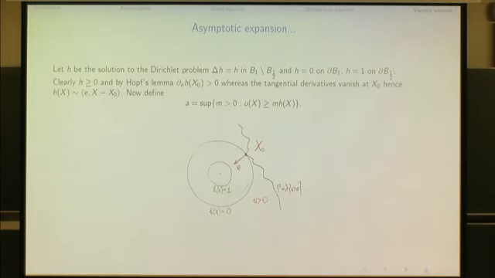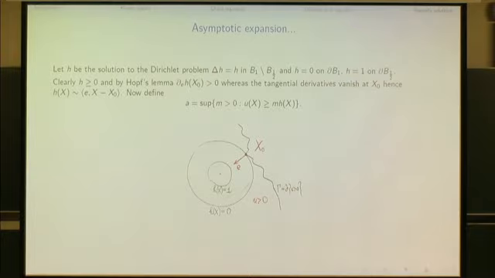Okay? And the proof, again, is a standard proof. You use the capacitory potential. So you take a function which is 1 on the boundary of the half ball, and 0 on the boundary of the bigger ball. And you're considering A to be the supremum of all gammas for all m's for which this inequality holds true. You show that the set is not empty because your solution is Lipschitz continuous.